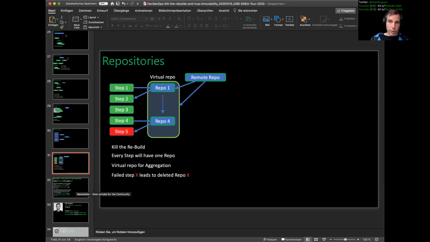Virtual repositories with the possibility to push through a virtual repository that's redirecting to a local one, and grabbing this over all dependencies. This step you can do with Maven, with NPM, with Debian, with Docker, with everything. And with this, you're minimizing the rebuilds really dramatically, and this will use less CPU time, less bandwidth, and so on and so on.